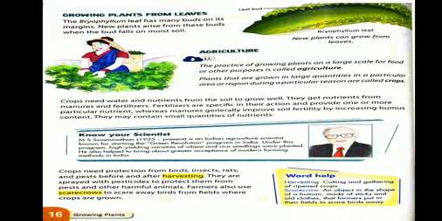Crops need protection from birds, insects, rats, and pests, before and after harvesting. You know what is harvesting? Cutting and gathering of ripened crops is called harvesting. Now, they are sprayed with pesticides to protect them from pests and other harmful animals.